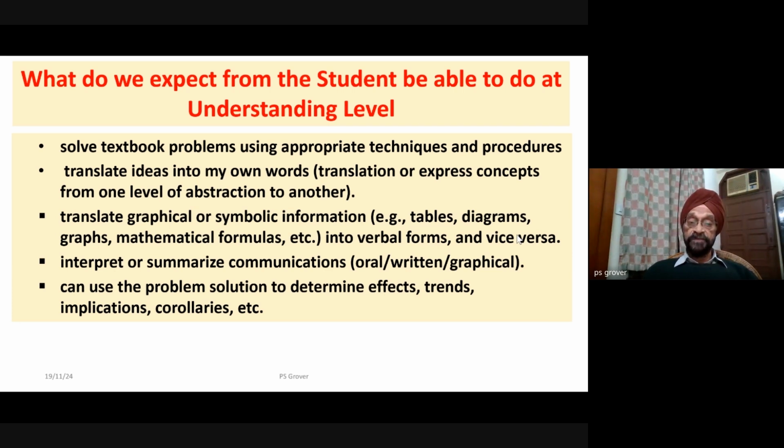Problems have a variety of categories which we will share a little later. When I say understanding level, the student is expected to be able to solve those problems, translate graphical or symbolic information into tables, interpret some simple things, then use problem solutions to determine trends, implement, etc.